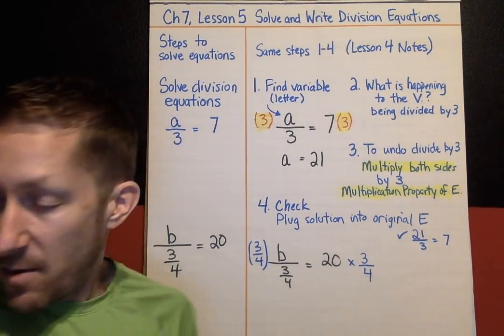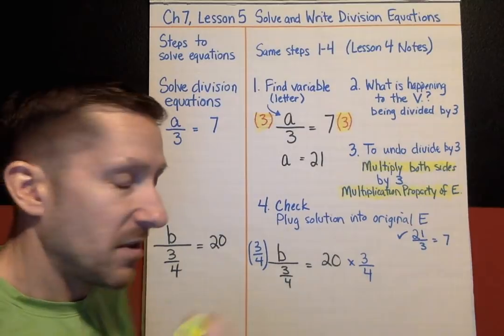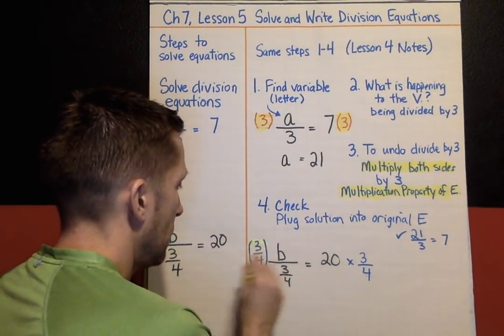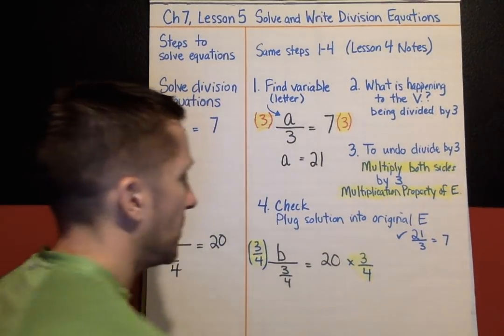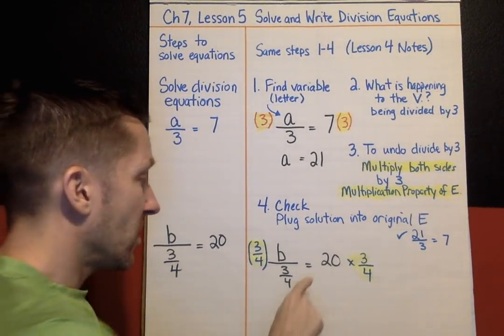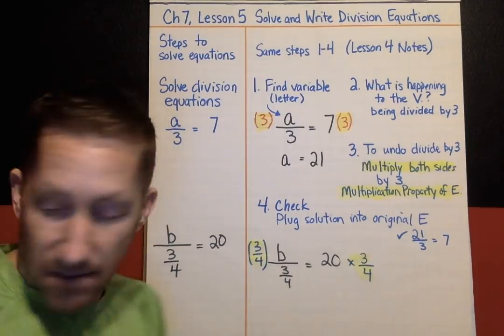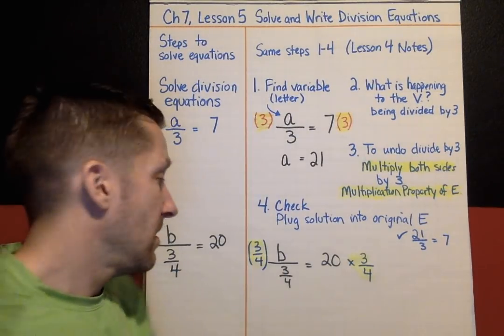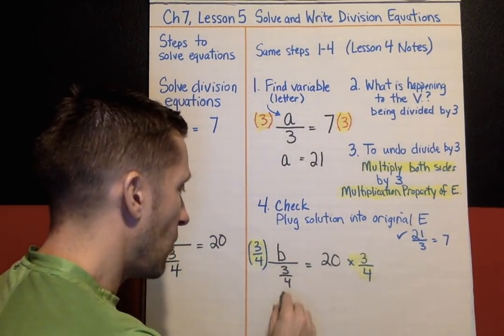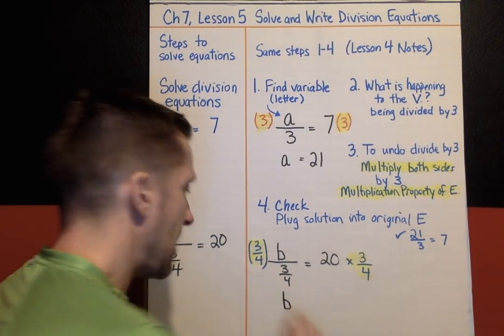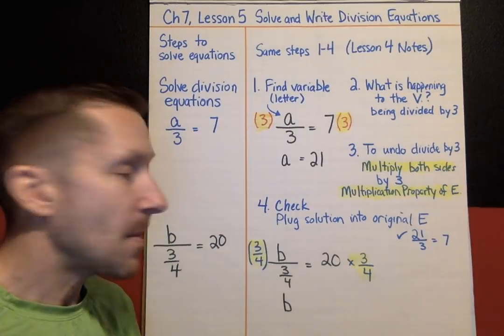We're showing we're doing the same thing to both sides. Multiply by 3/4, multiply by 3/4. We're going to keep that thing balanced. It's going to stay balanced. 3/4 over 3/4 turns into 1, which makes this side turn into b.